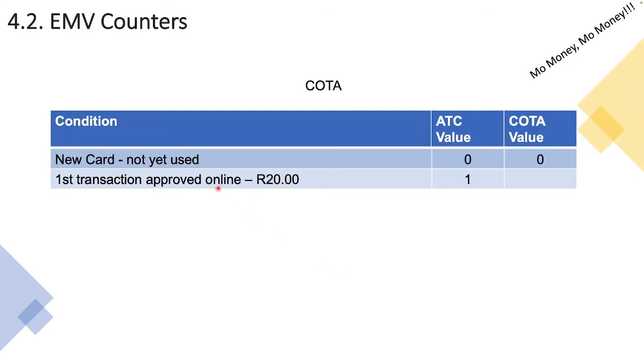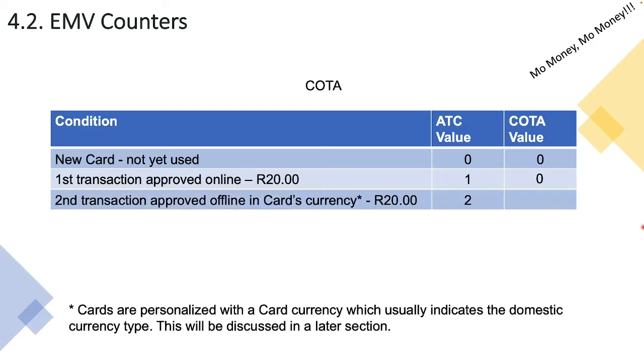So this particular transaction does not meet our base criteria. Okay, this was approved online. It was 20 rand, and let's assume that rand is the currency of the card. So ATC value will increment, right? Remember, online, so we're not going to count this one, and so the COTA value will remain at 0.